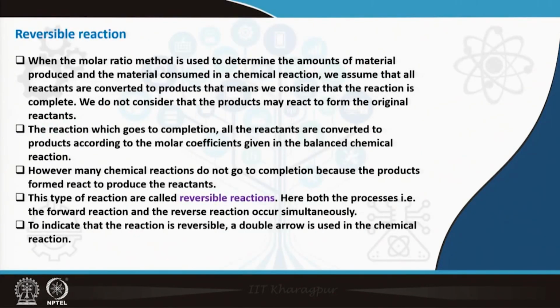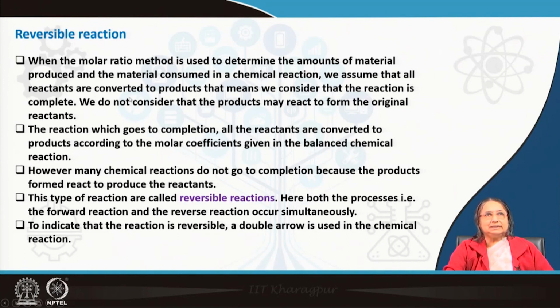We all know that when we want to know how much product is formed, or from how much reactants, we always use the balanced equation for a certain reaction. So, in the molar ratio method, when we want to determine the amounts of material produced and consumed in a chemical reaction, we assume that all reactants are converted to the products.